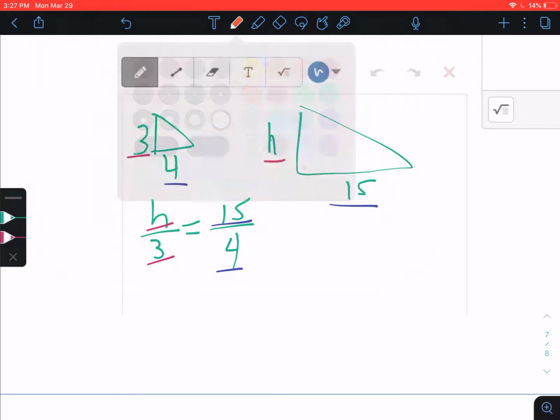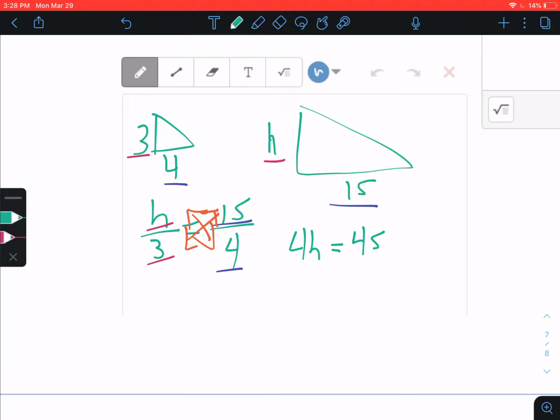We're going to cross multiply here. So I'll be left with 4 times h, which is 4h, and that's going to equal 15 times 3, which is 45. Then if I want to get h by itself, I have to divide both sides by 4. So h is going to equal 45 over 4.